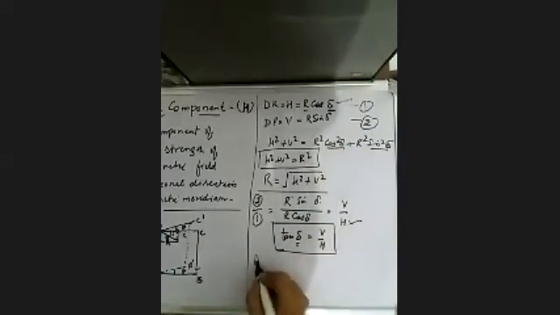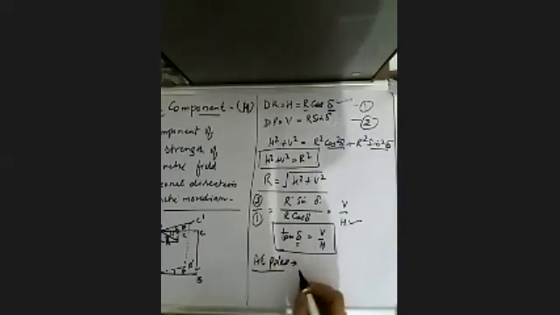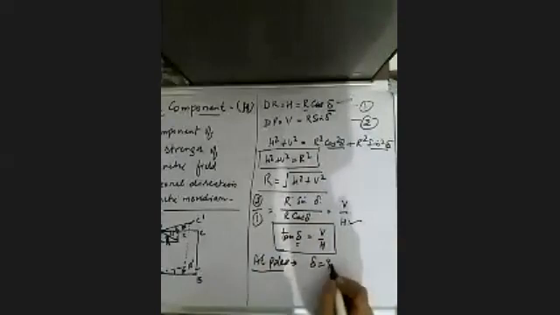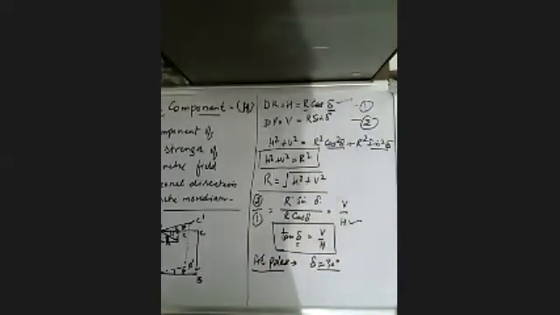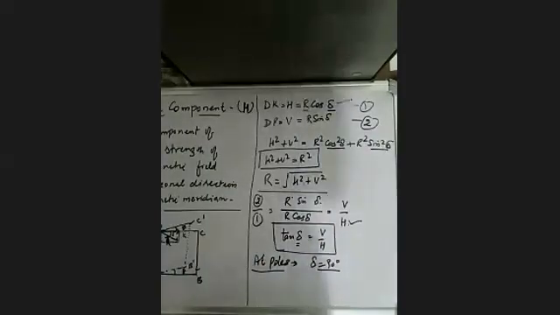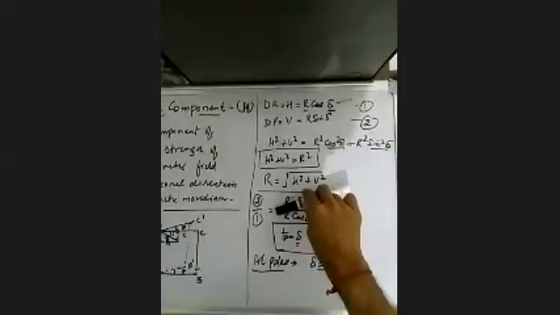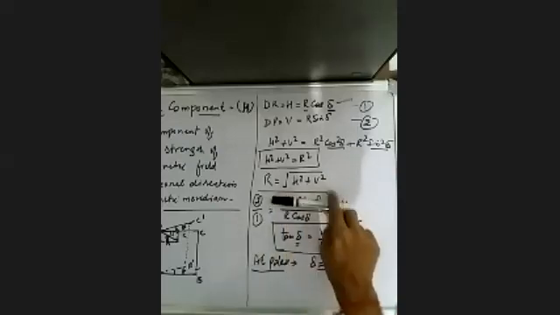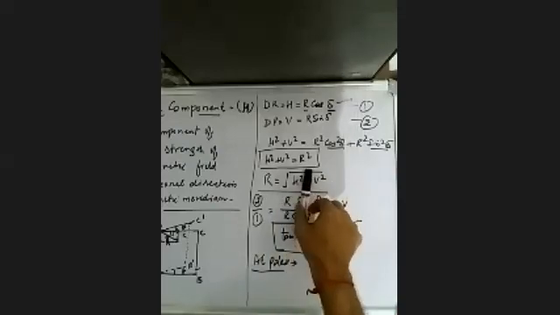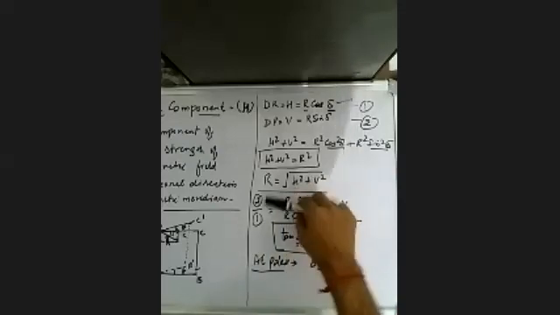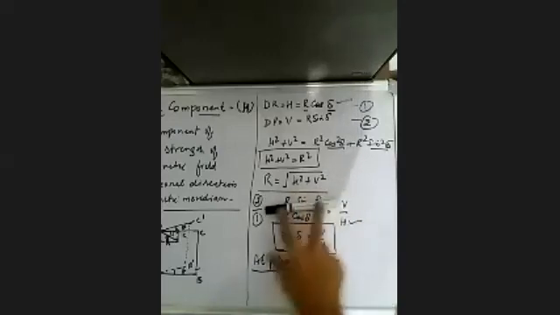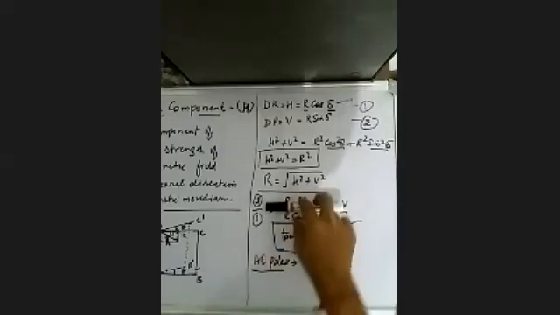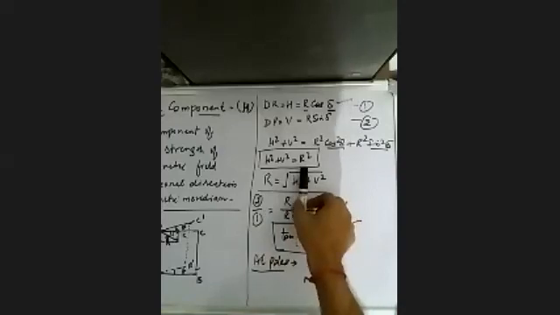Now at the poles, delta is equal to 90 degrees, because at the poles, if you freely suspend the bar magnet, you will see that it always comes to rest in a vertical position.